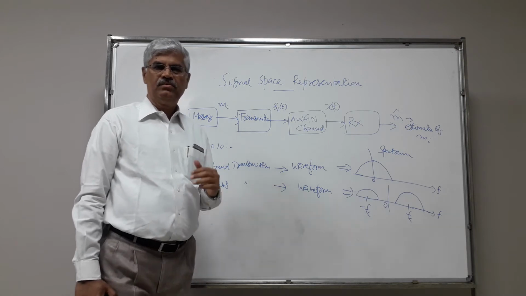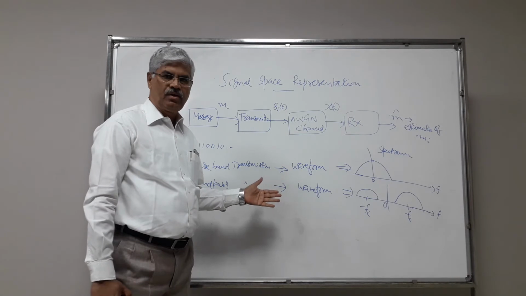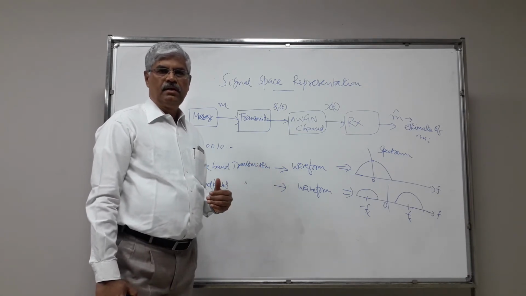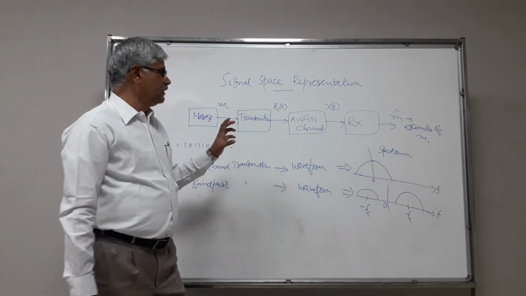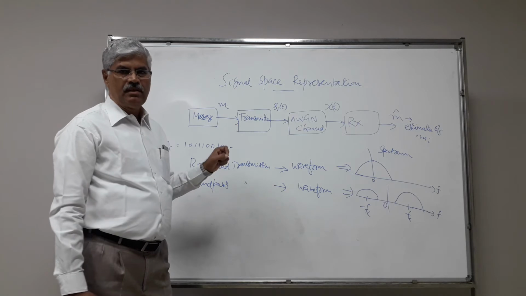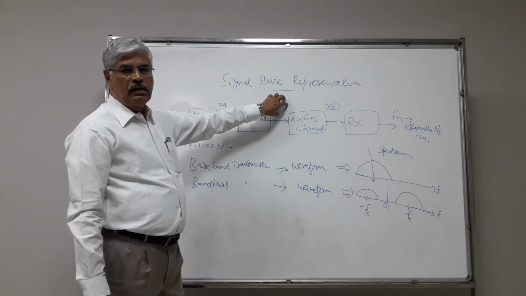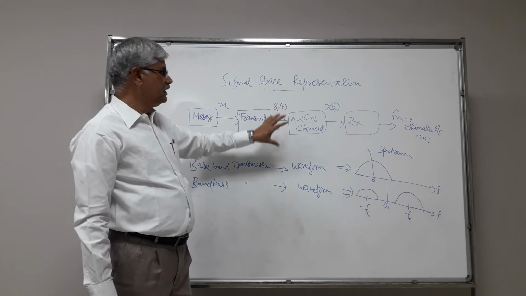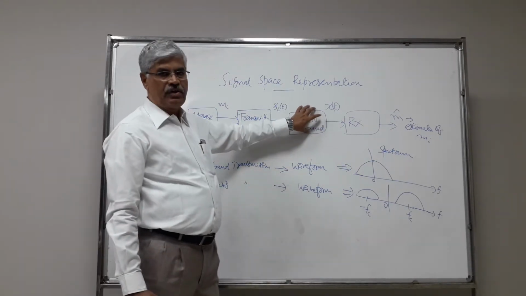What do we mean by that? We will understand this optimum reception a little more as we proceed. At the moment, we would like to emphasize that the selection of waveforms depends upon how these waveforms allow optimum reception of the signal at the output in presence of noise.